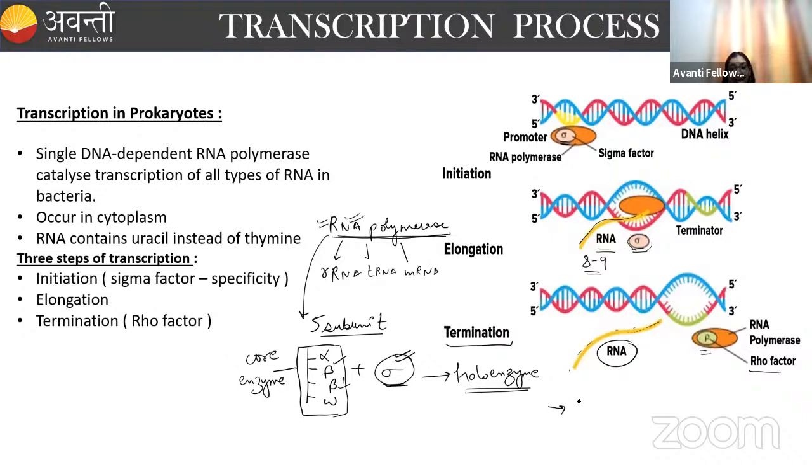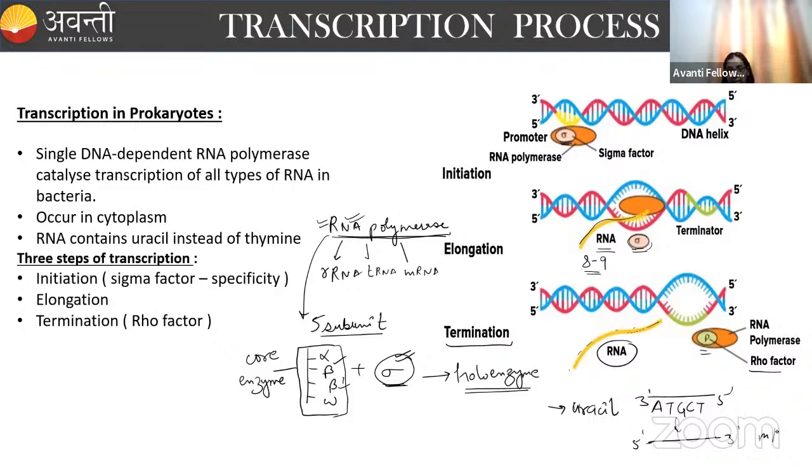And we know that RNA has uracil instead of thymine. Remember this. If this is a DNA with a sequence like A, T, G, C, T, the synthesis of mRNA will always be in the 5' to 3' direction. Always remember this. Whether it's replication or transcription, the synthesis will always occur in the 5' to 3' direction.